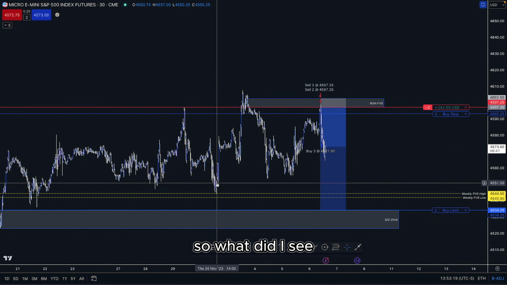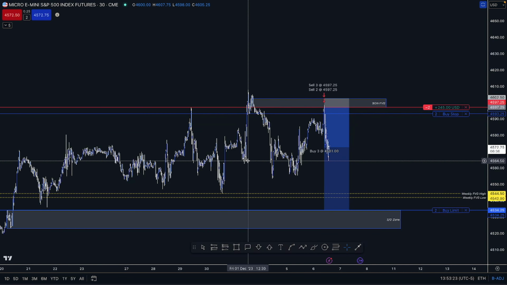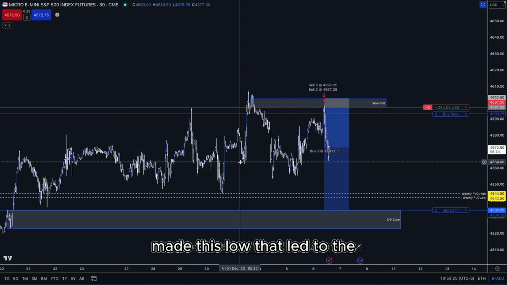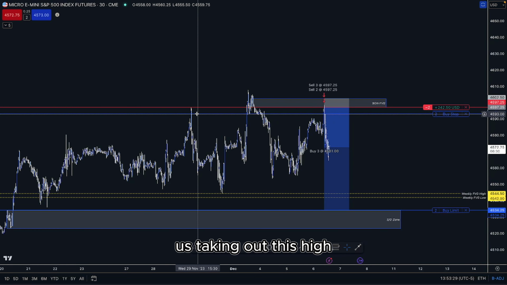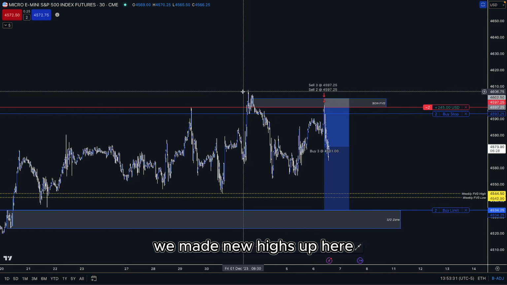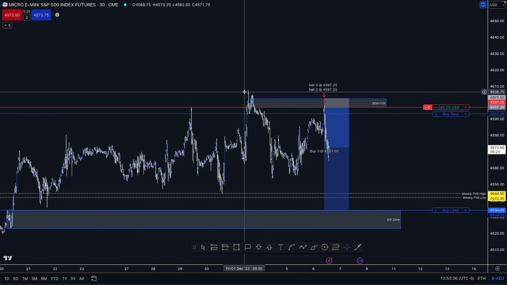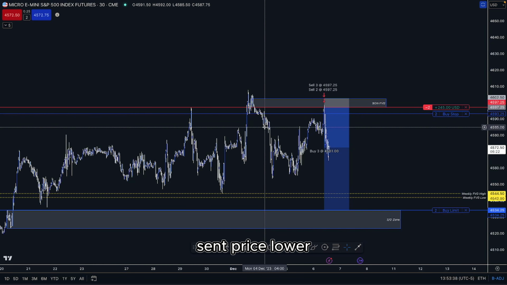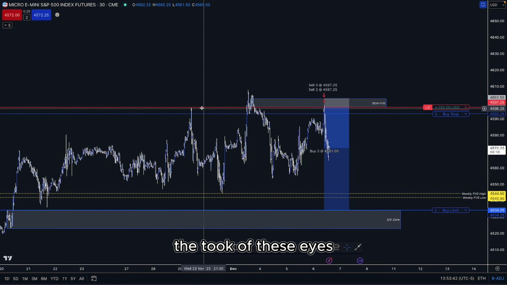So what did I see? I see that we made some highs, right? Made this low that led to us taking out this high. We made new highs up here, and these highs sent price lower underneath the low here that took out these highs.